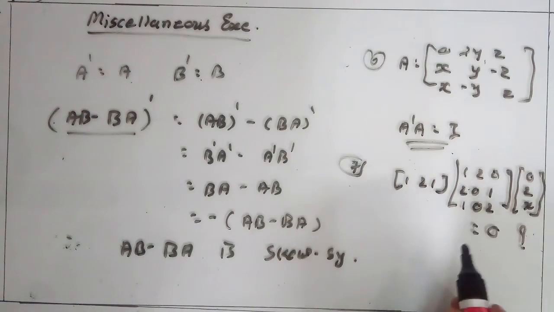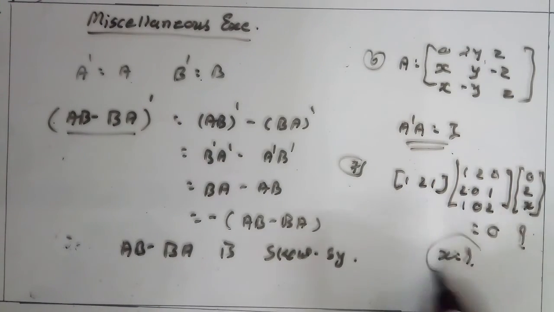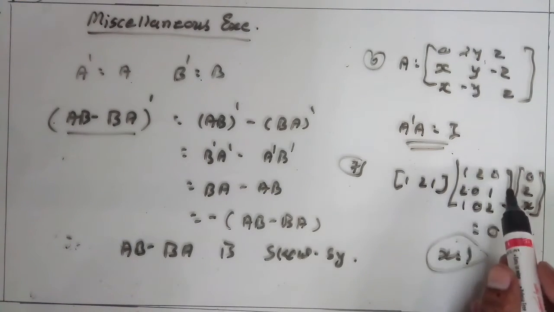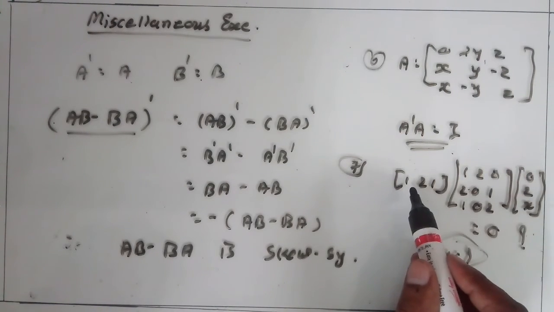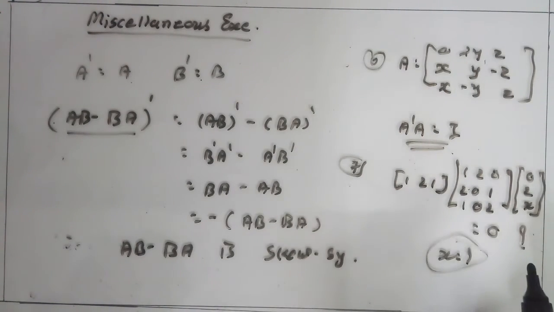Then find x. First get the matrix multiplication of the second and third, then get the matrix multiplication of the first and the resulting matrix and compare with 0. We get the value of x.